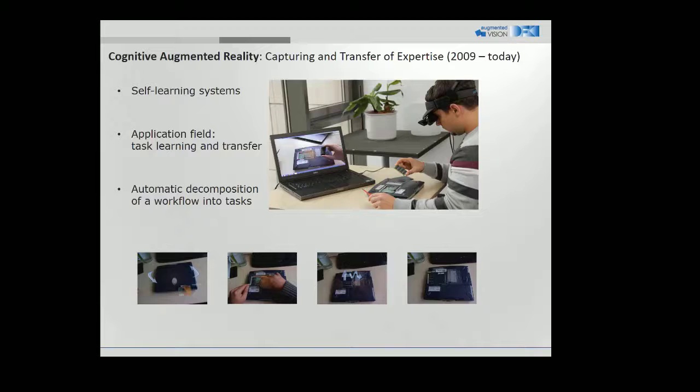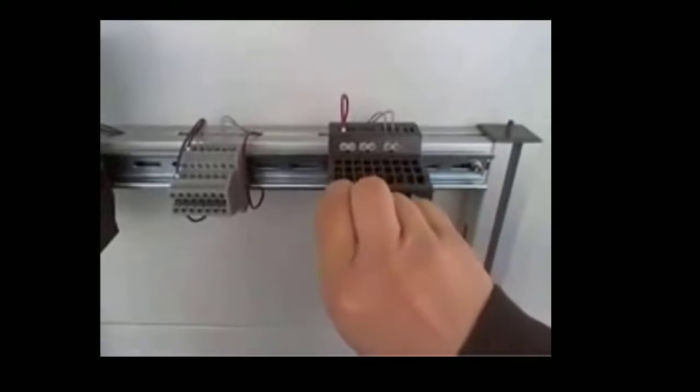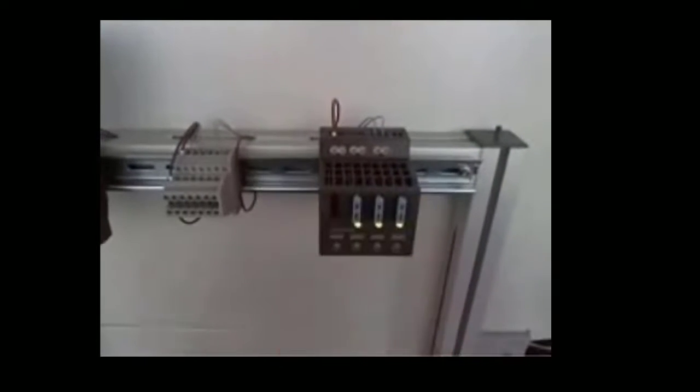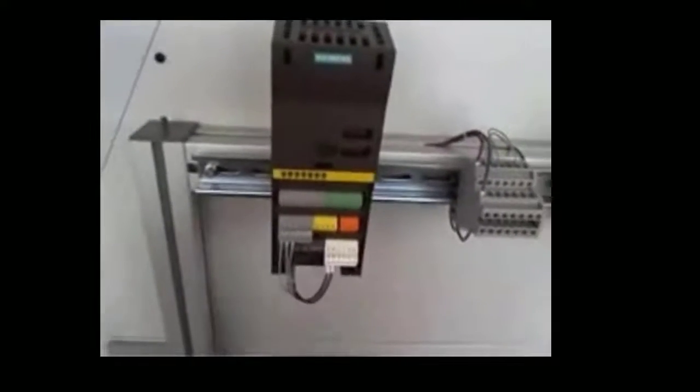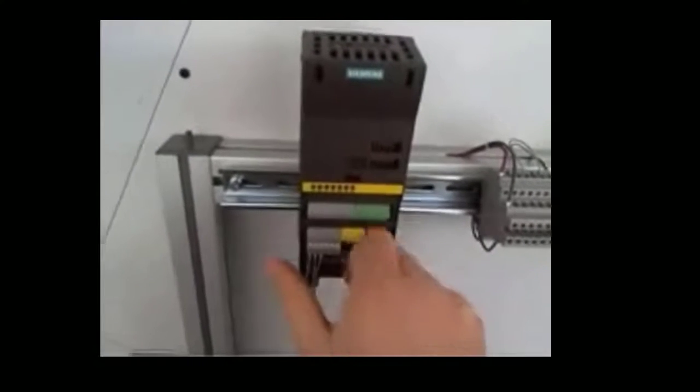An easy example would be to teach some non-expert how to change the memory of their computer. And so, to show you what I mean, we will have a look at this video where some expert is trying to work with some machine, changing some parameters or changing some parts of the device.